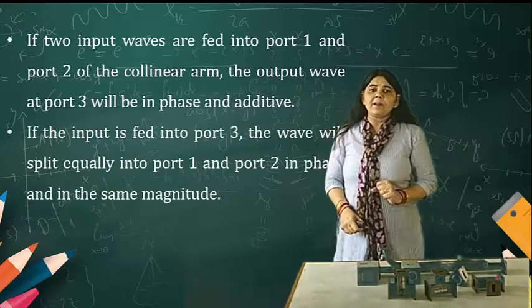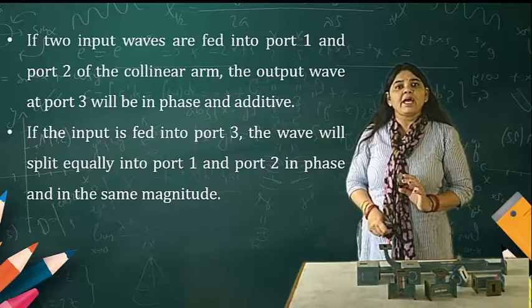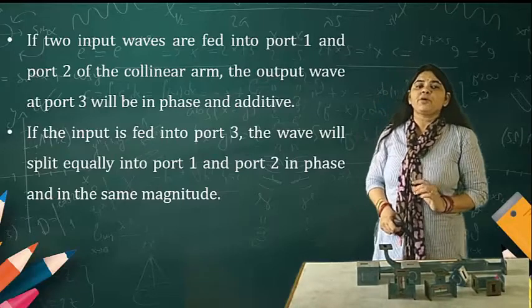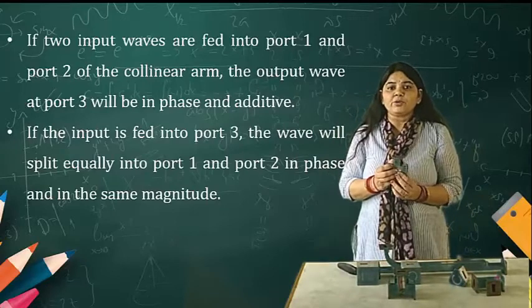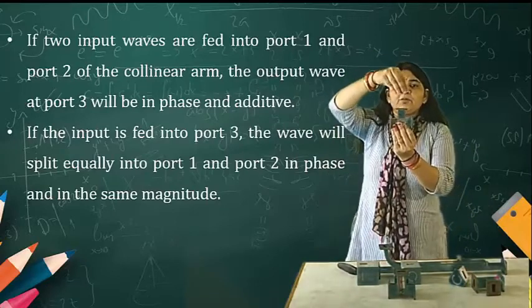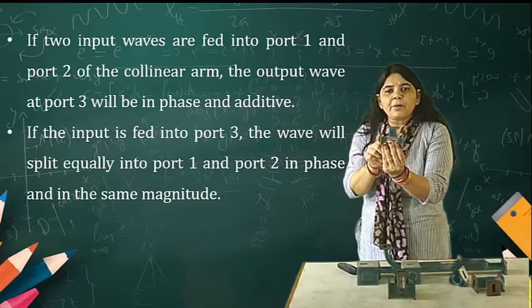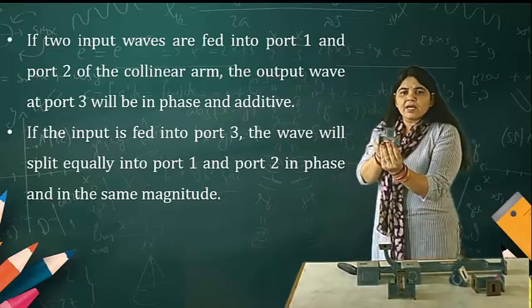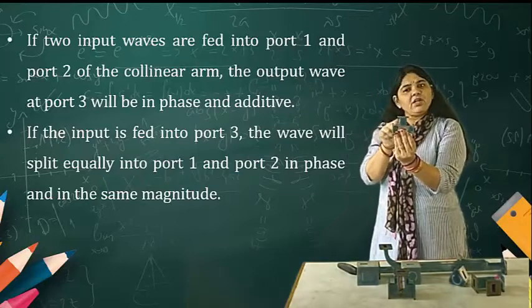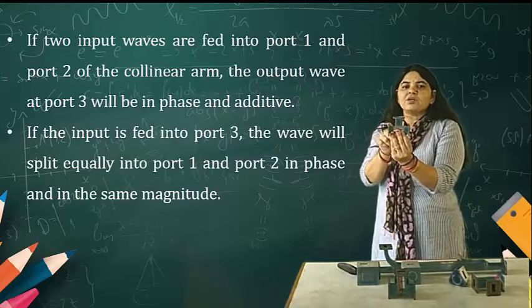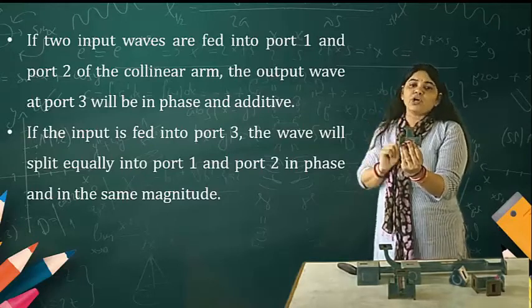Now instead of applying the input from port number 1 and port number 2, if you apply the input from port number 3, what happens? In the case of the E plane T, I told you that when you apply the input at port number 3, there is output at port number 1 and port number 2 with equal magnitude, but they were out of phase.